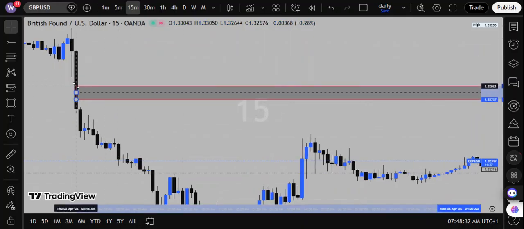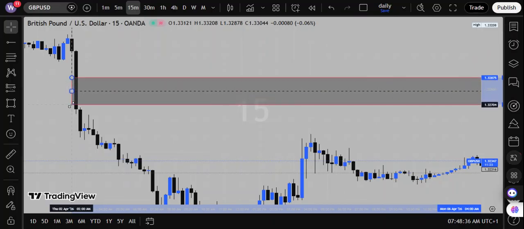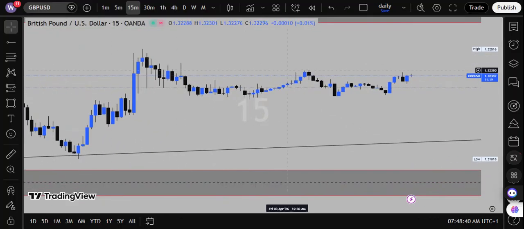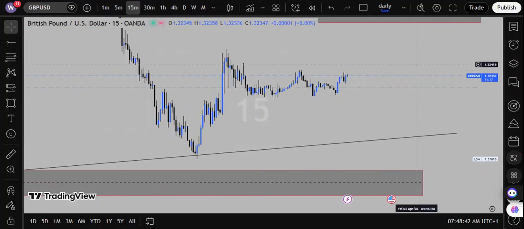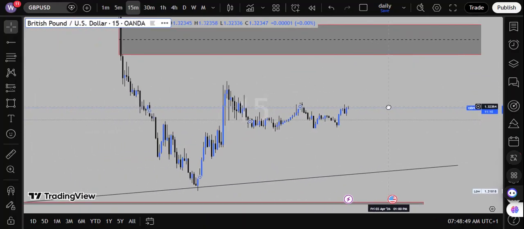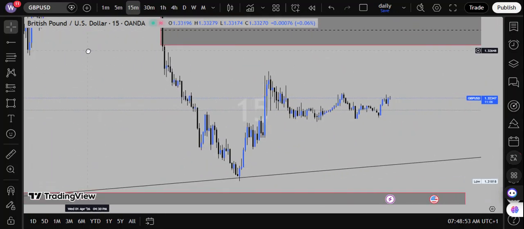So if you are interested in fine tuning this tomorrow, so you do not get a huge gap, wait for price to trace back onto this FEG and we expect price to sell. So this is just the basic.